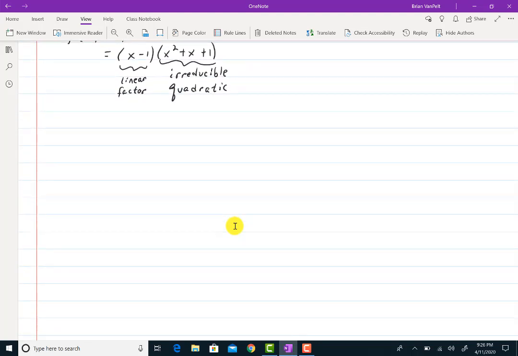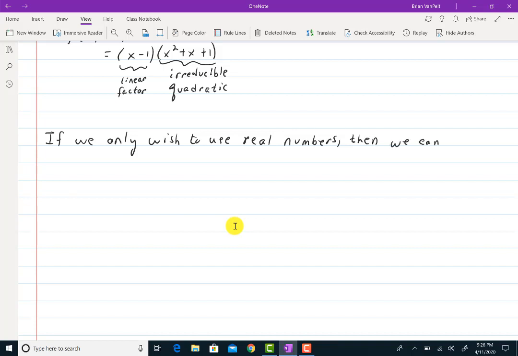So here's the gist. If we only wish to use real numbers, then we can only do the following.